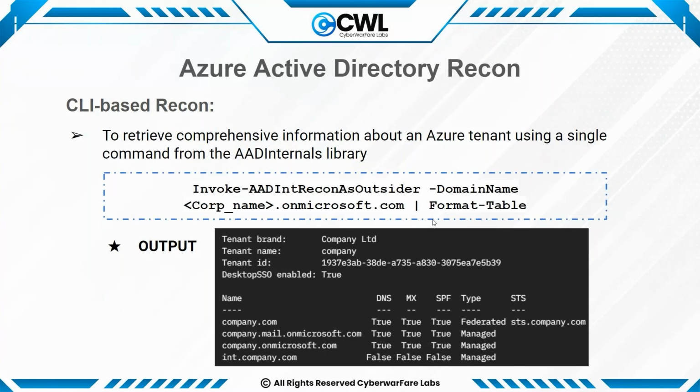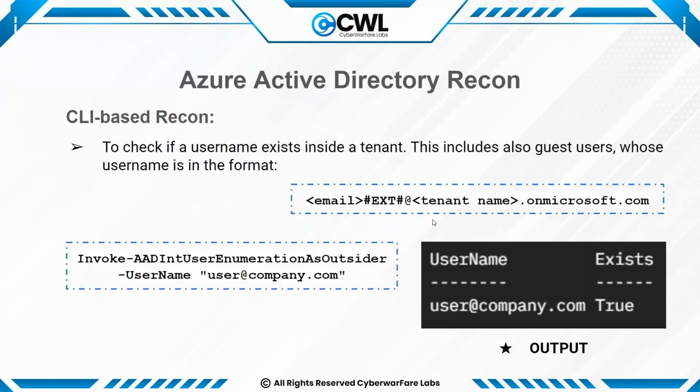So next we have this command, which is a cmdlet from a PowerShell module. This is designed for Azure AD reconnaissance. It helps identify whether a specific user exists in the Azure AD domain and might provide some additional publicly accessible information about the user.